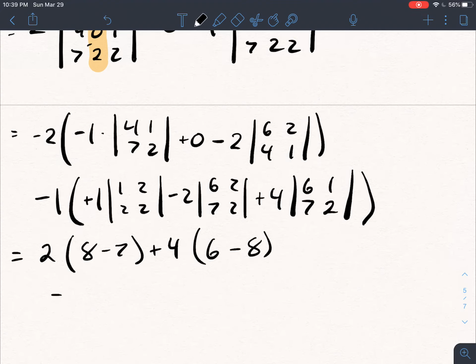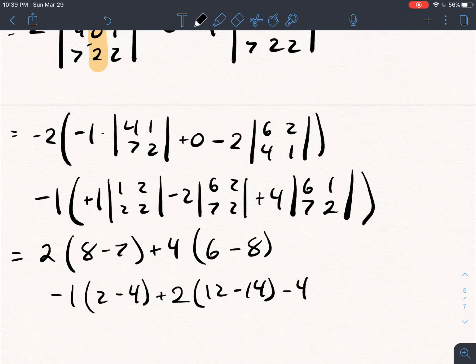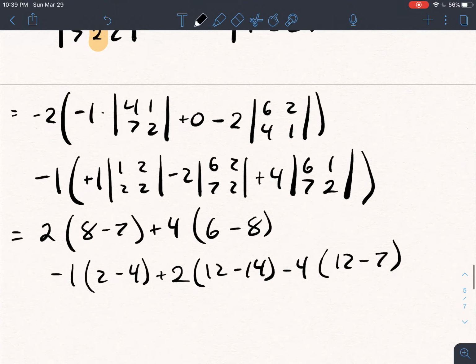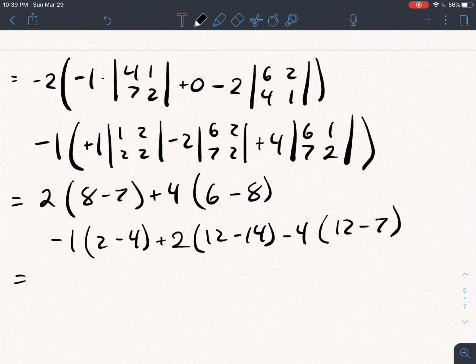And then I'll distribute my negative 1 to everything as well. And I get minus 1 times 2 minus 4 plus 2 times 12 minus 14. And then this should be negative 4 times 12 minus 7. Okay, and hopefully I did this right.